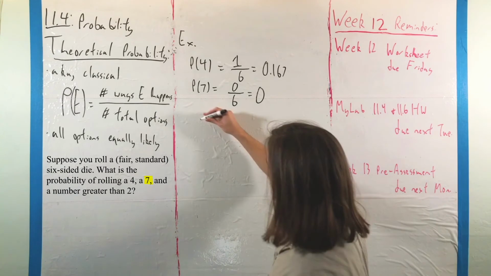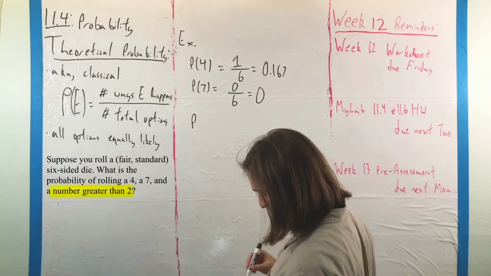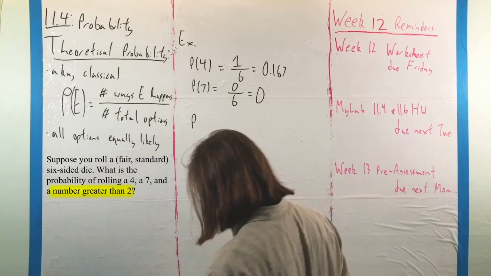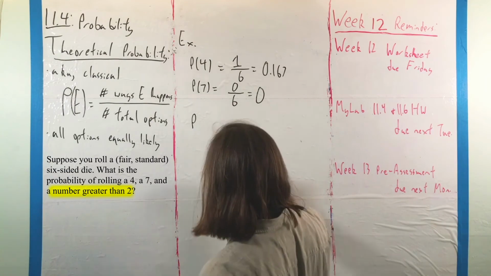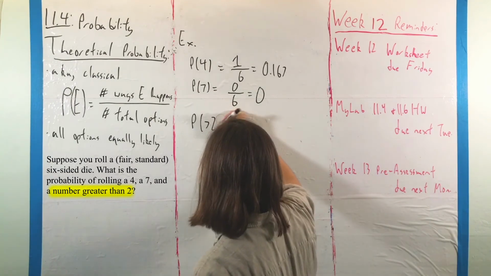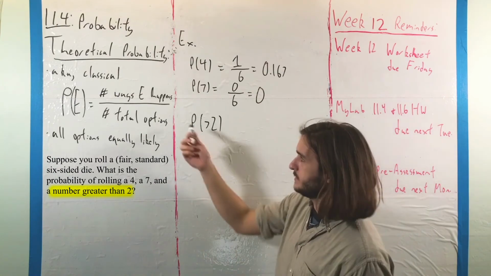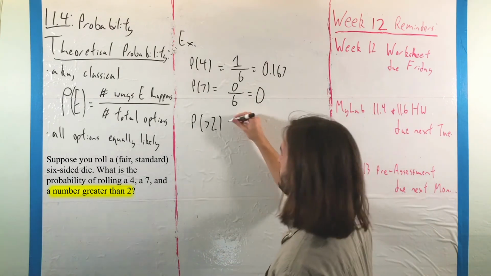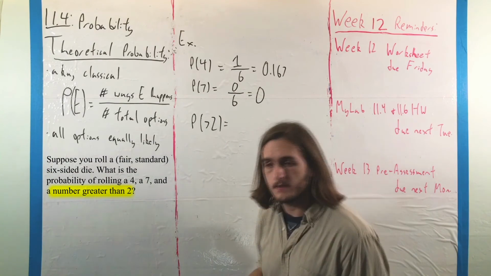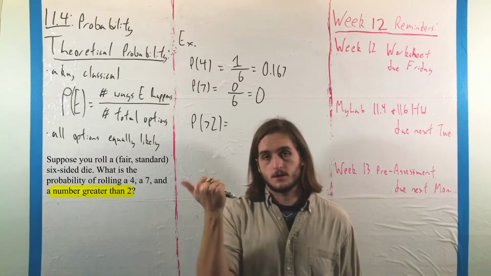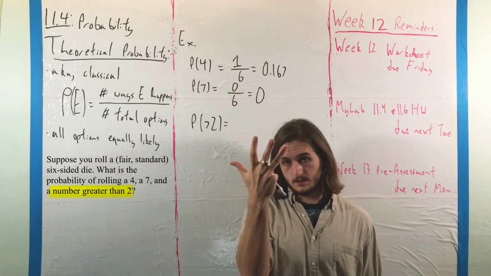And then finally, for our last case, if you want to find the probability of rolling a number greater than 2, I'm using a little bit of a shorthand notation here, but I hope that this gets the point across. Understand that we have 4 other options: 3, 4, 5, or 6.